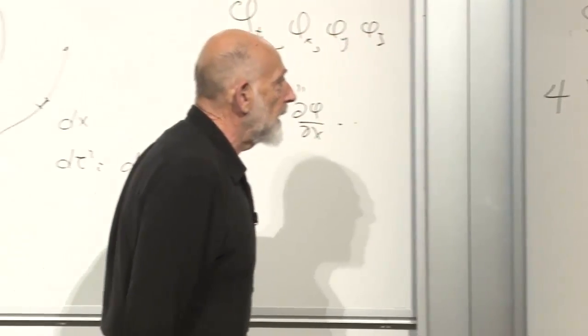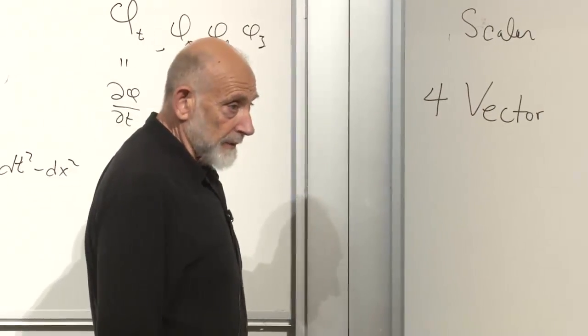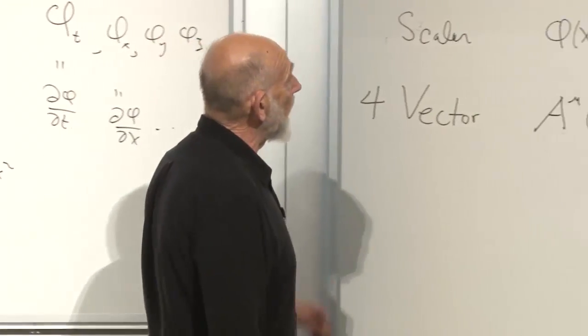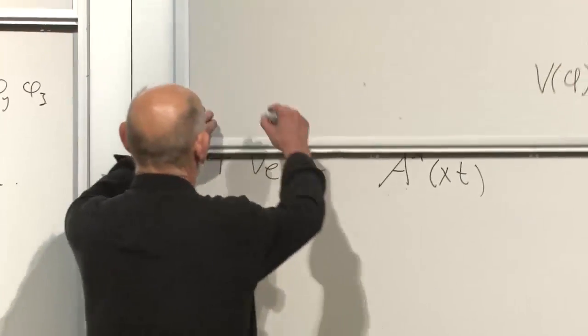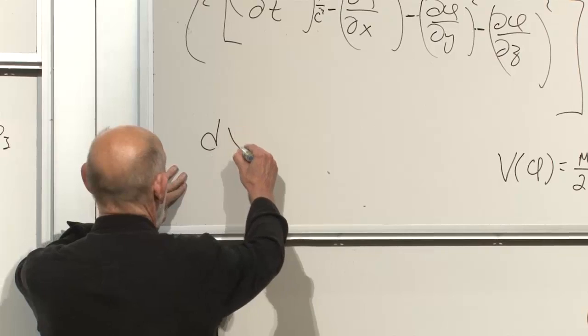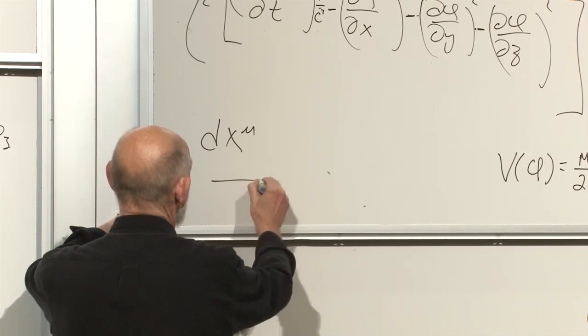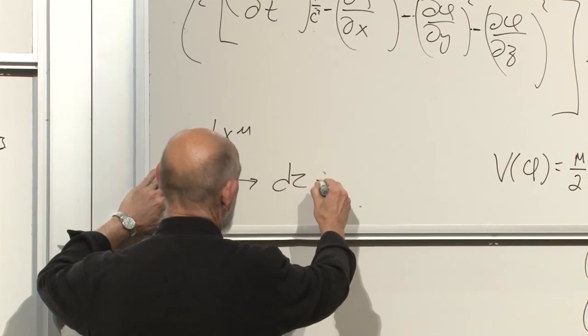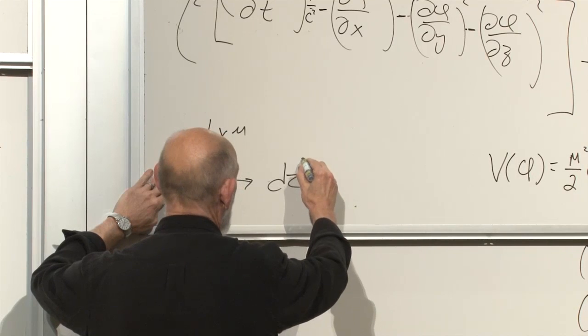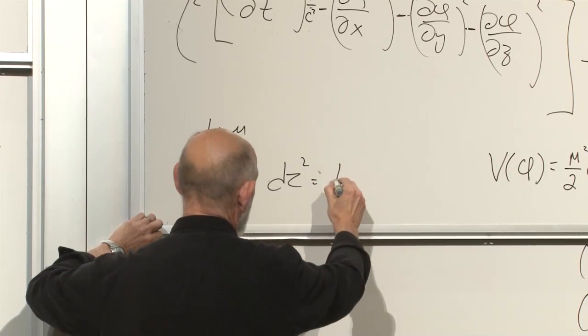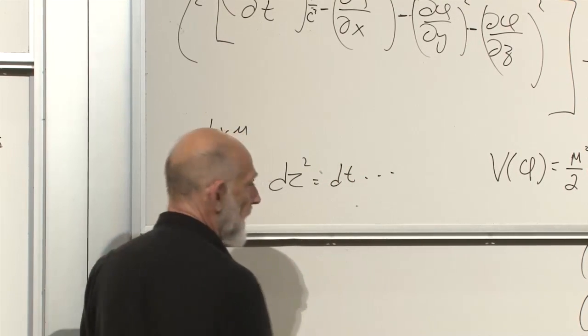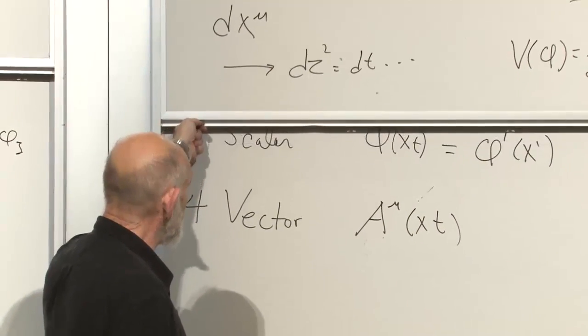You can make a scalar out of it the same exact way that we made a scalar out of dx mu. The d tau squared is equal to dt squared minus dx squared minus dy squared minus dz squared.